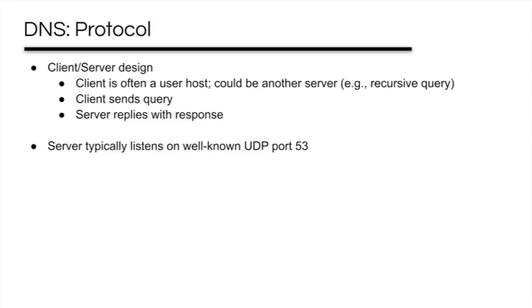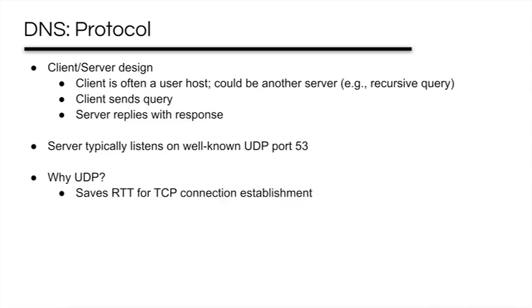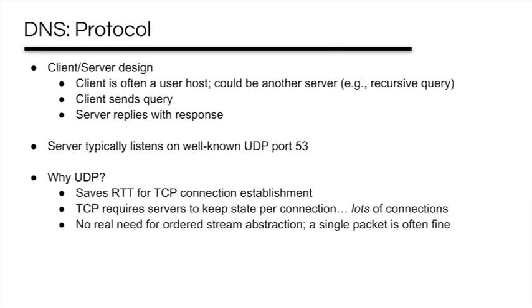And so, we spent a lot of time talking about TCP. So why UDP? Why is UDP the right fit for DNS? One answer is that it saves an RTT for the TCP connection establishment, right? Also, TCP requires servers to keep state per connection.